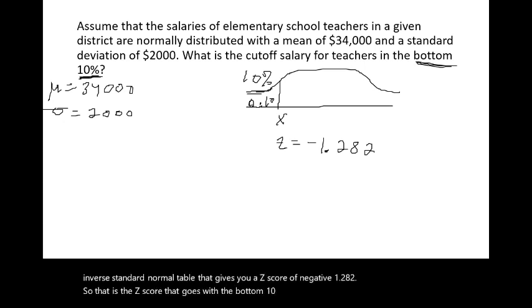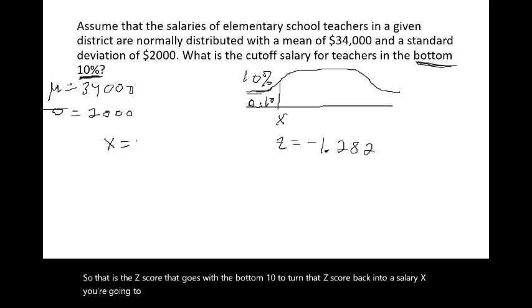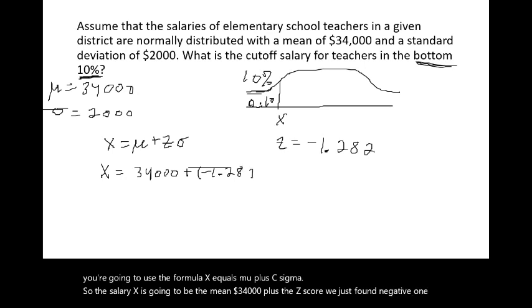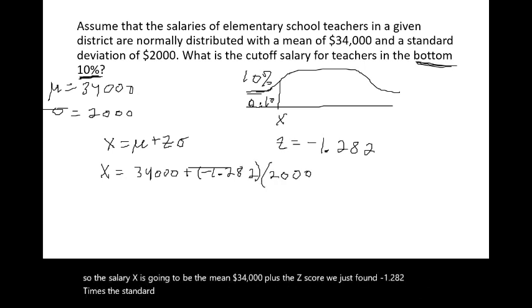To turn that z-score back into a salary x, you're going to use the formula x equals mu plus z sigma. So the salary x is going to be the mean, $34,000, plus the z-score we just found, negative 1.282, times the standard deviation, which is 2,000.